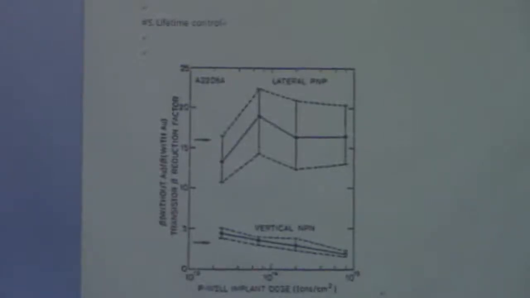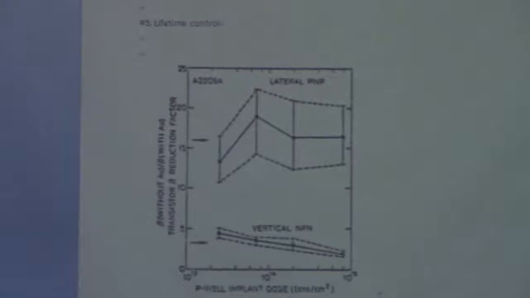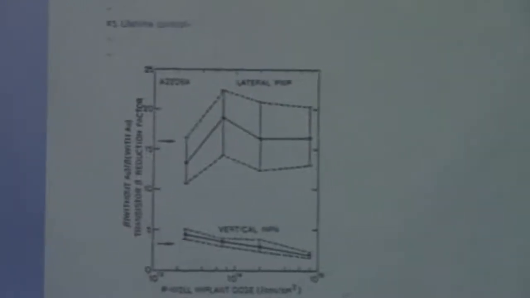And lastly, there is lifetime control. If you decrease the lifetime of the carriers in the bipolar, it's common sense that the beta is going to be reduced if you decrease the lifetime of the minority carriers in the bipolar transistors.